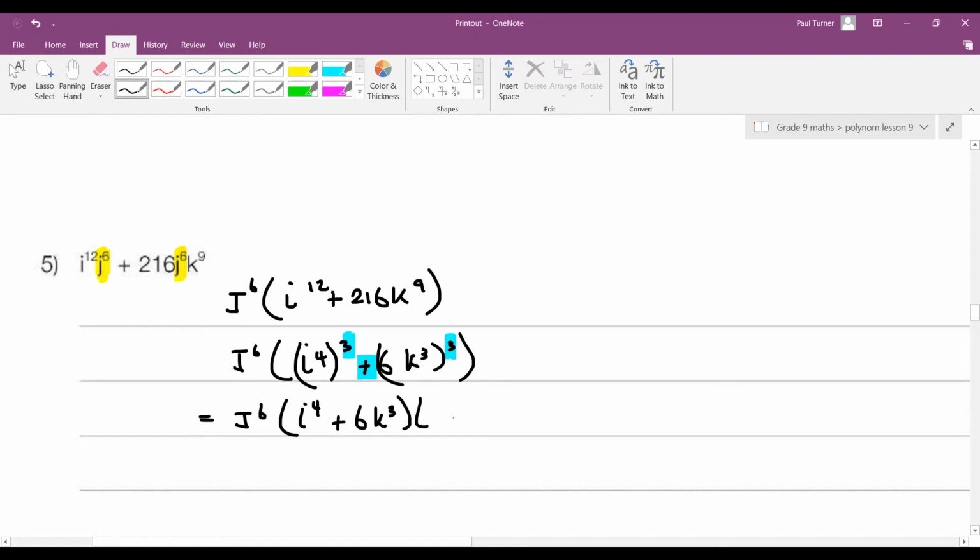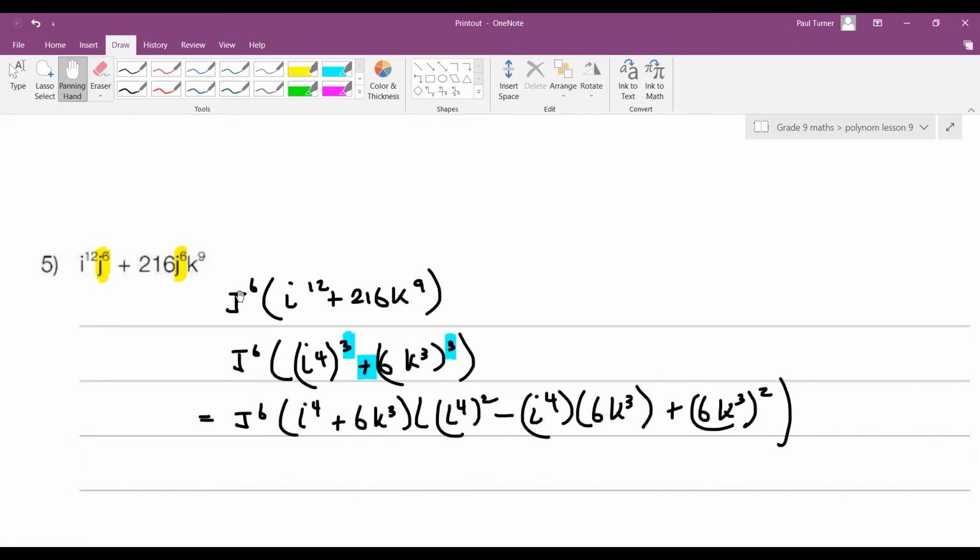Now we'll have i4 squared minus i4 times 6k cubed plus 6k cubed squared, like that.